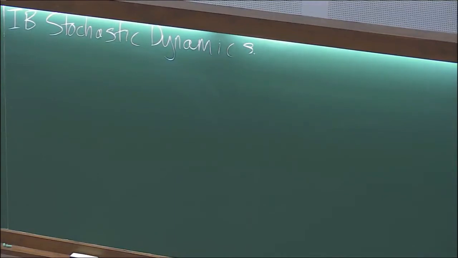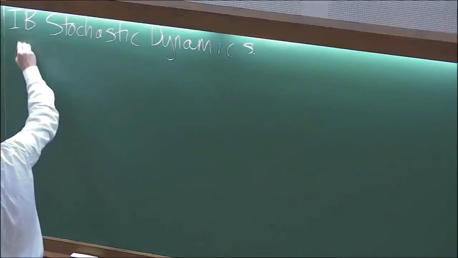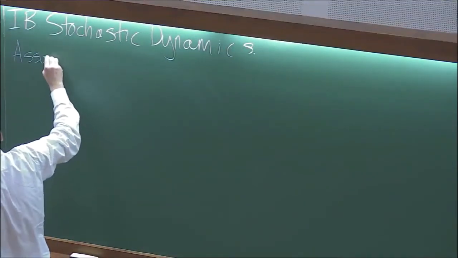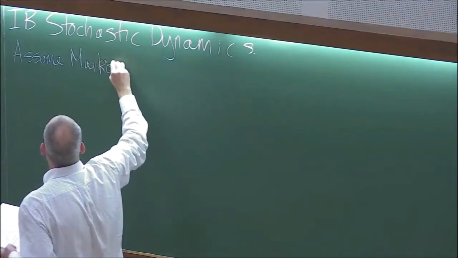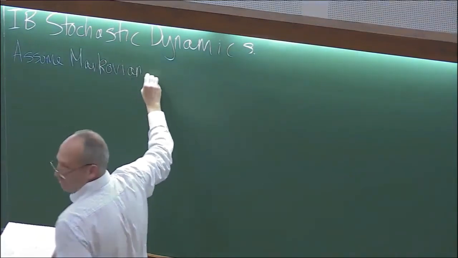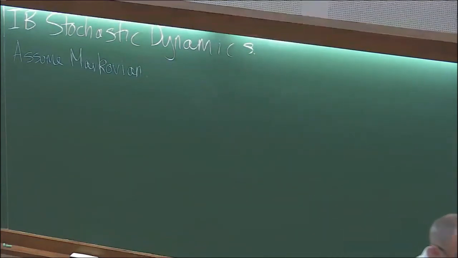Good. So the way we're going to do stochastic dynamics, we're going to assume Markovian dynamics. Markovian simply means there's no memory of what happened in the past. It only matters what state you're in now.